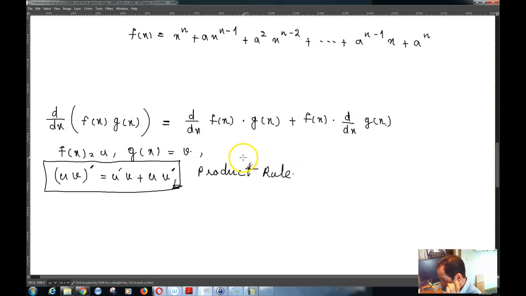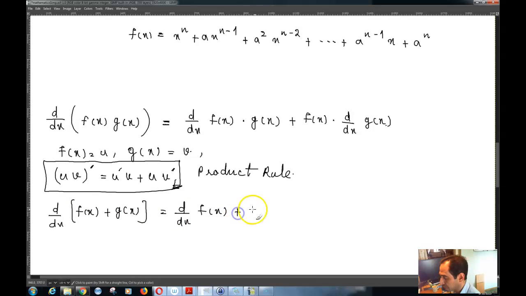And of course one more thing that we said in the algebra of derivatives was that if you have the d by dx of f of x plus g of x, that is equal to d by dx of f of x plus d by dx of g of x.